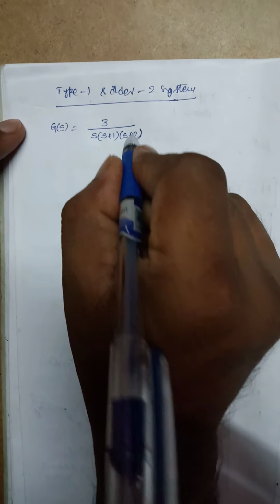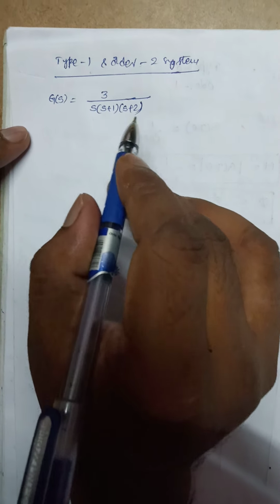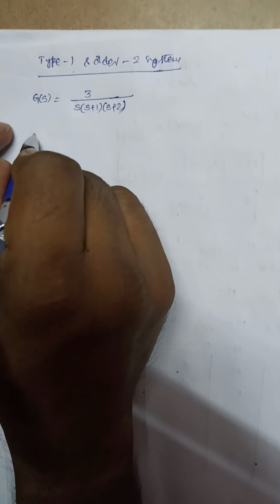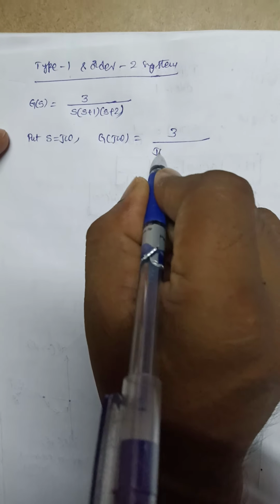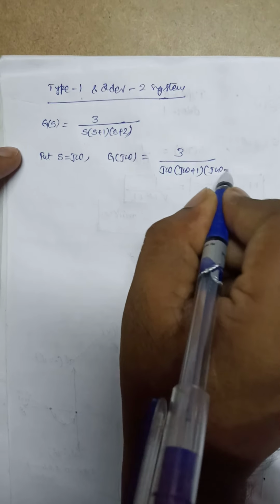We already discussed this concept, 3 divided by s into (s plus 1) into (s plus 2), a problem in the polar plot concept. So how to draw this? Same thing, put s is equal to j omega, and G(j omega) is equal to 3 divided by j omega (j omega plus 1) (j omega plus 2).